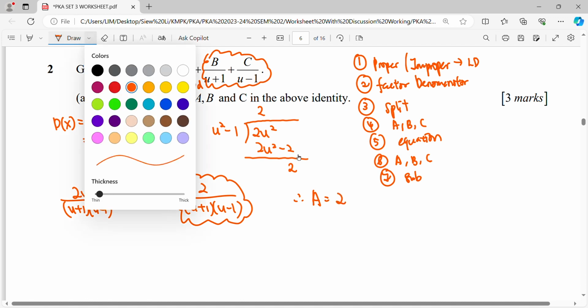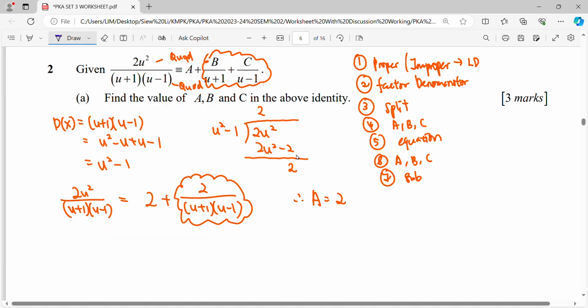Alright, then we start with the proper fraction, 2 over u plus 1, u minus 1. Proceed to partial fraction. Factorize the denominator, already factorized in the given form.